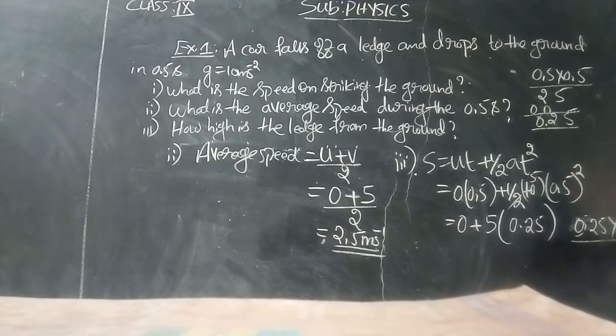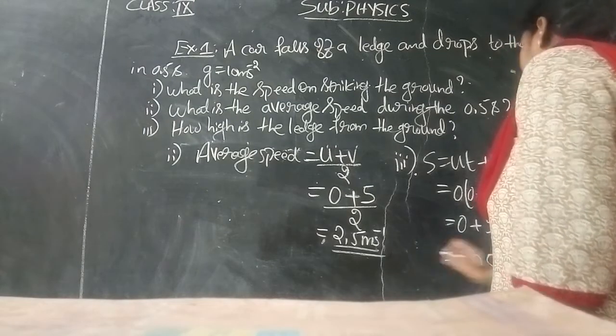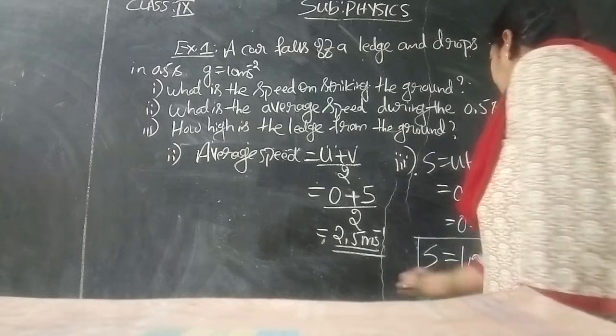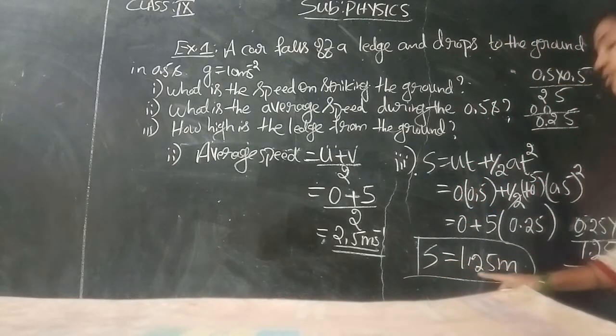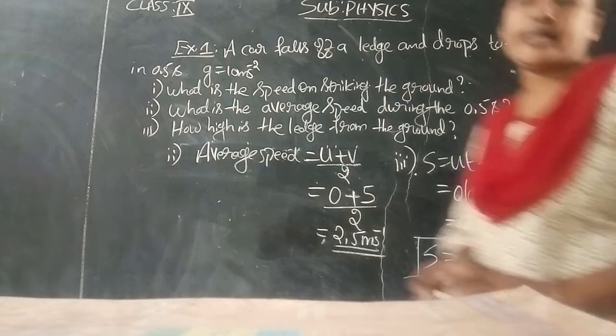Let me multiply. 5 5s are 25, 2 carry, 5 2s are 10, 10 plus 2 is 12, 1 carry, 5 zeros are 0, 0 plus 1 is 1. So after 2 digits, 1.25 meter. So what is the height? That is distance. S is equal to 1.25 meter.